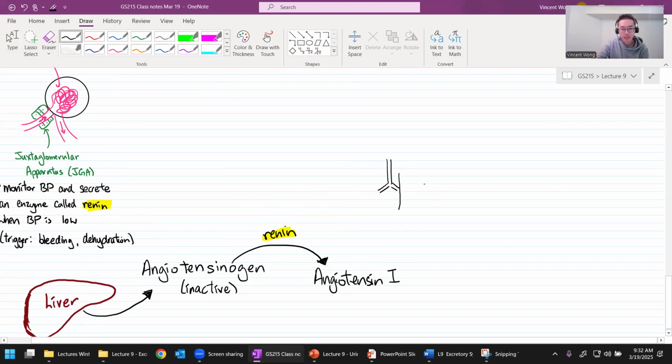See, lots of things working together in the body. I'm sure you know this one is the lungs. And the lungs produce another enzyme called ACE.